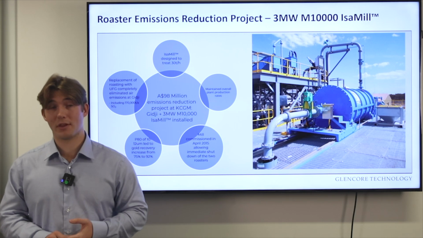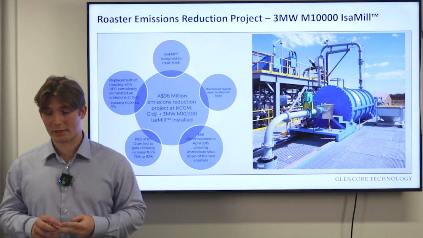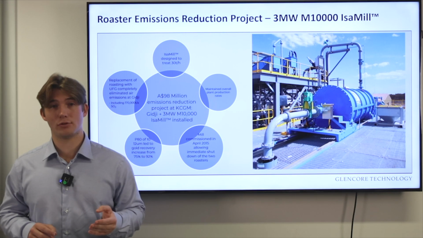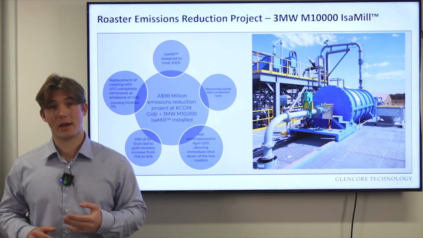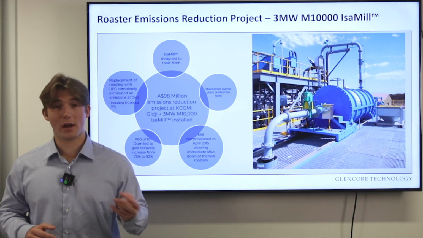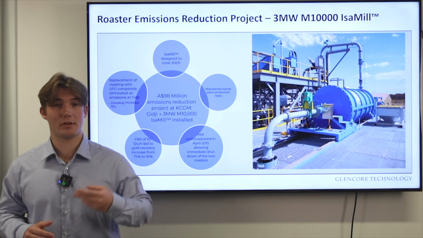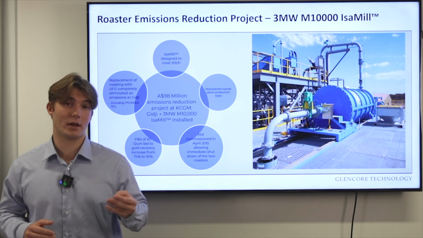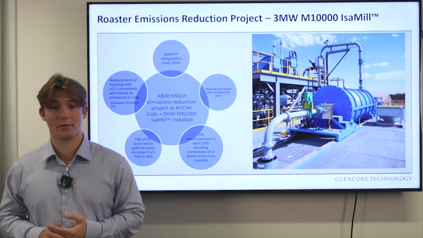This allowed for the immediate shutdown of these two roasters and eliminated the SO2 emissions on site overnight. Plant production rates were also able to be maintained, and the finer P80 target of 10 to 12 microns essentially resulted in a gold recovery increase from 75% to 92%.